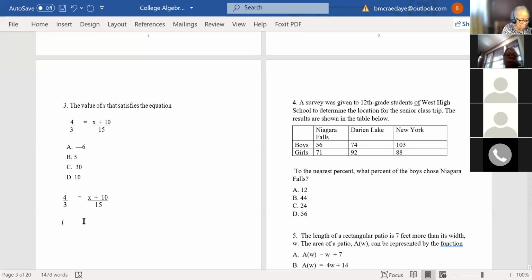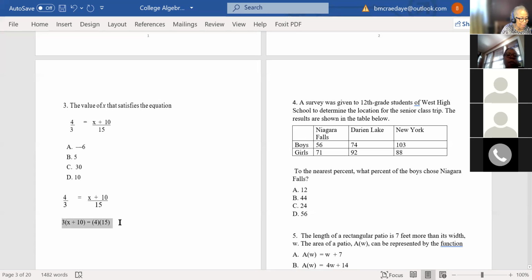Put a 3 out here. 3 times X plus 10 equals 4 times 15. Now what do you get on the left side?